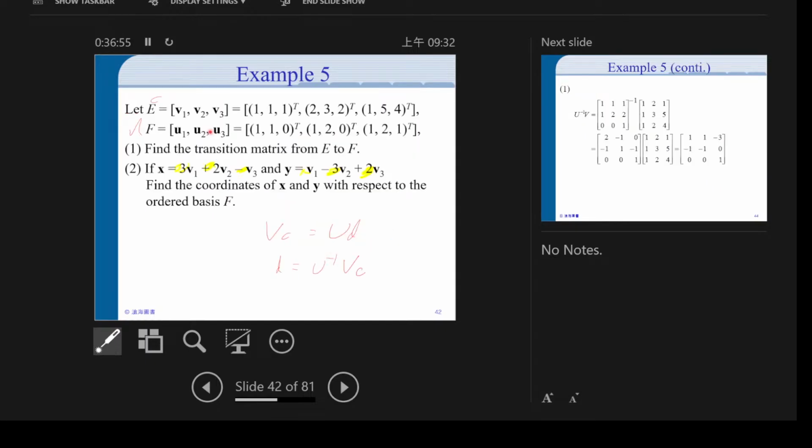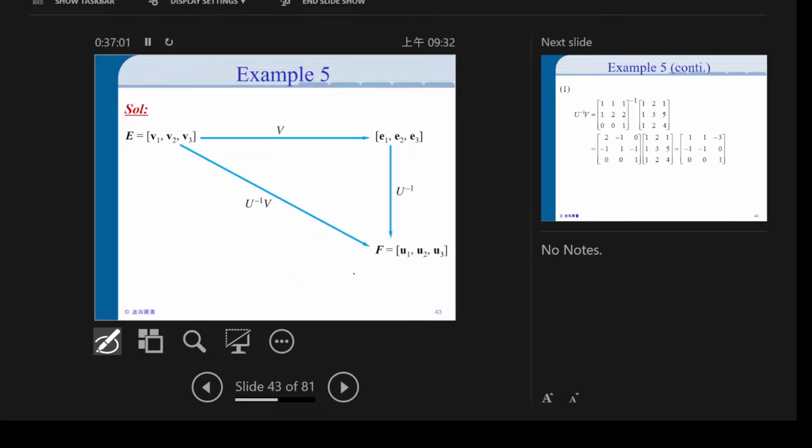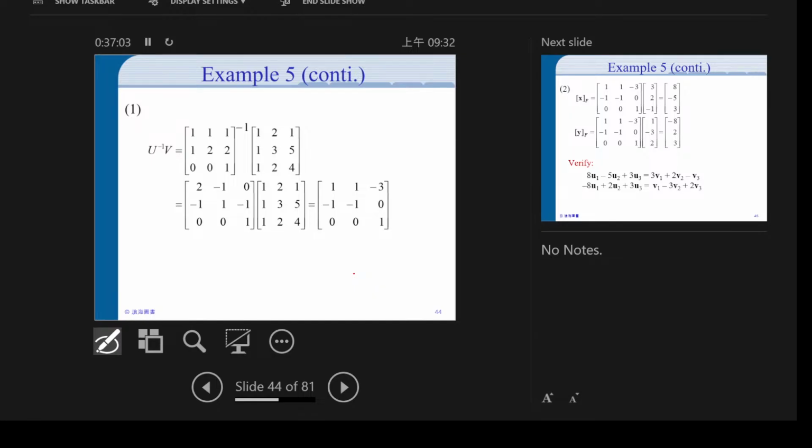The only thing we need to do here is basically calculate this U minus 1 V. So we have U here and V here, and we calculate U minus 1, which becomes this matrix, and times V, it becomes this matrix.